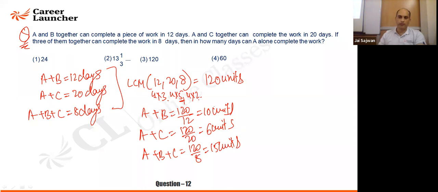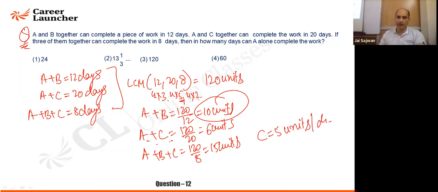So I'll say A plus B, A plus C, A plus B plus C. If A plus B is 10, but A plus B plus C is 15, can I say C does 5 units of work every day? If A plus C is 6, can I say B does 9 units of work per day?